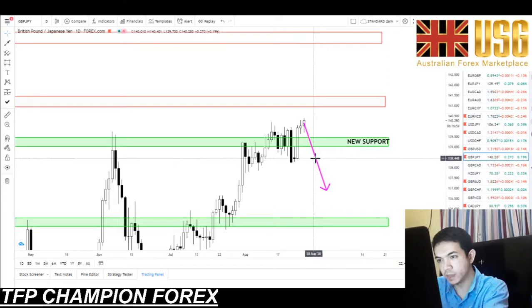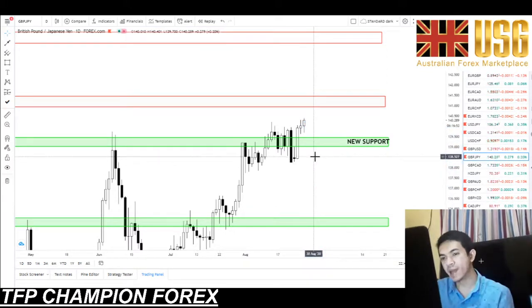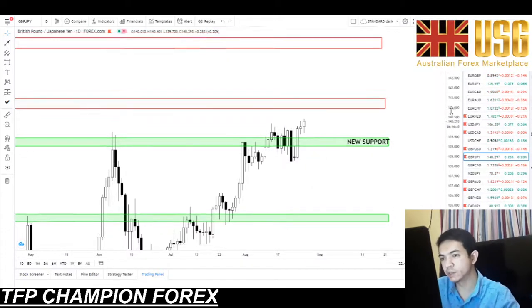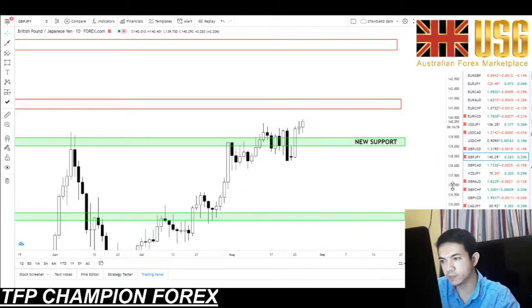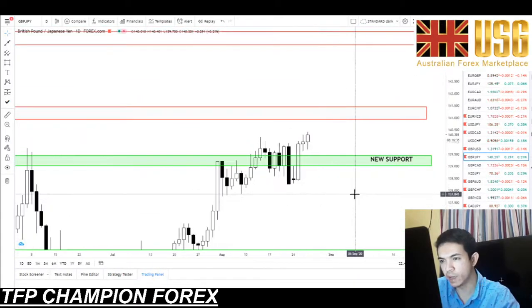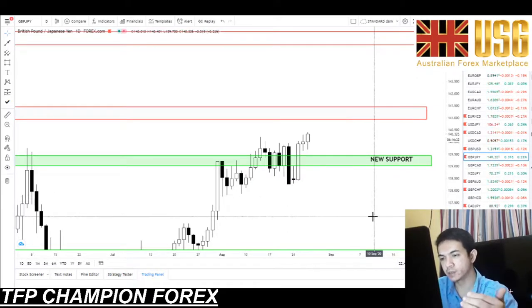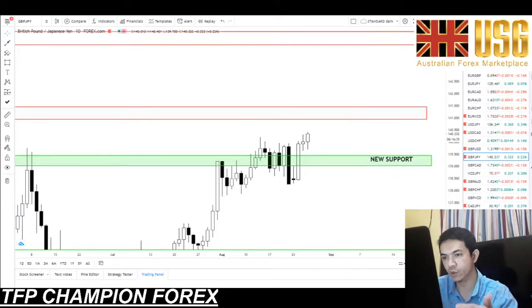So again, we want to be more reactive than predictive. Although we have this forecast, we want to know what will be our trading plan or our trading reaction in every move of the market. So we should not be panicking if ever the price doesn't go our way. We should be reactive in every step of the way on where the market price would go, right?